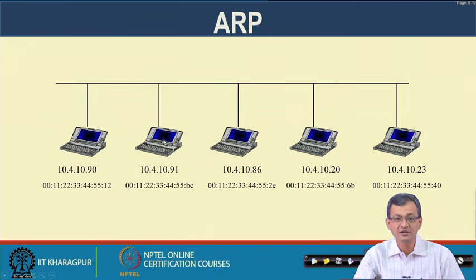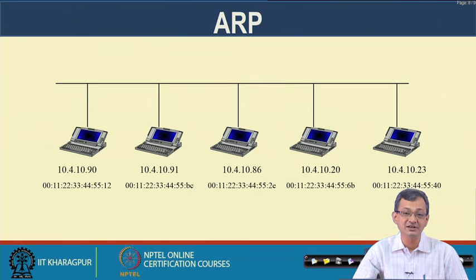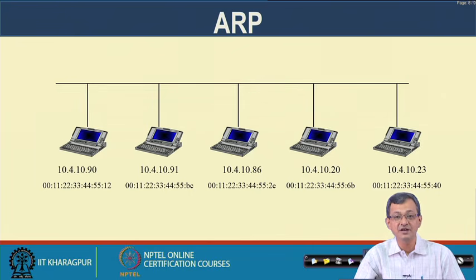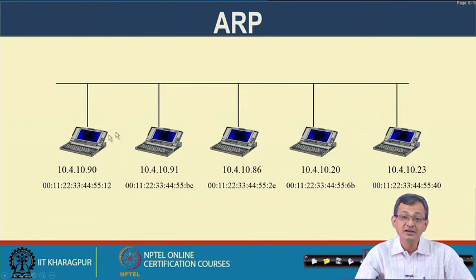If I only know the logical address, I need to resolve it. Usually, when station A wants to send to B, station A knows its own logical address or IP address and its physical address or MAC address. For the destination, it knows B's IP address, but B's physical address is not known to it. So, it requires a resolution.